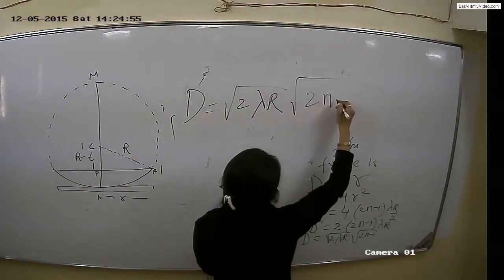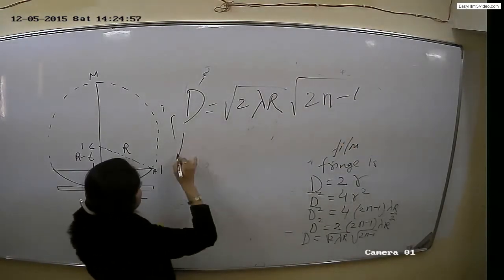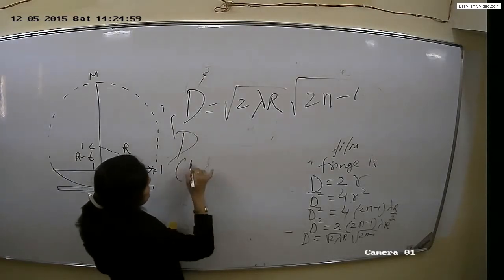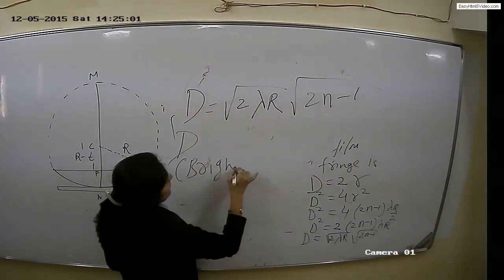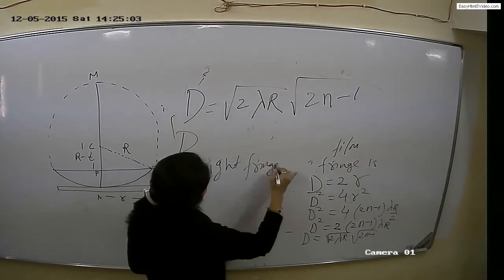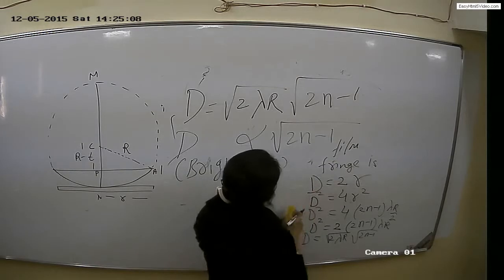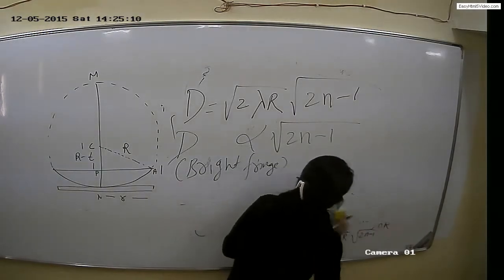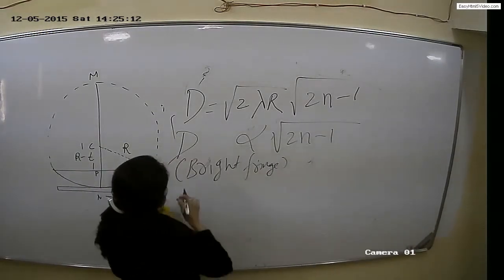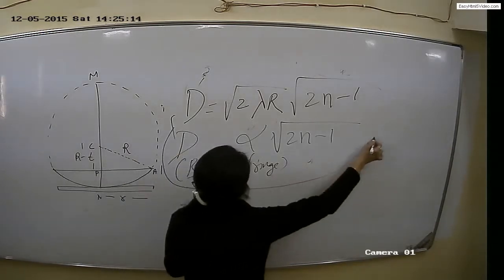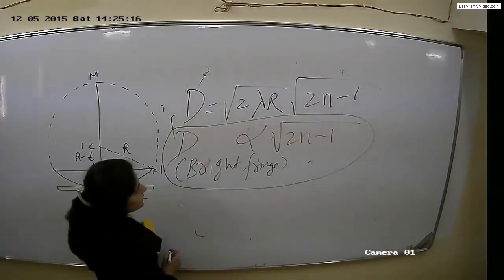This is the expression for the diameter of the bright fringe, which is directly proportional to under root (2n minus 1).